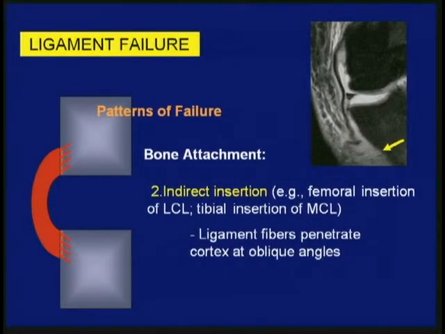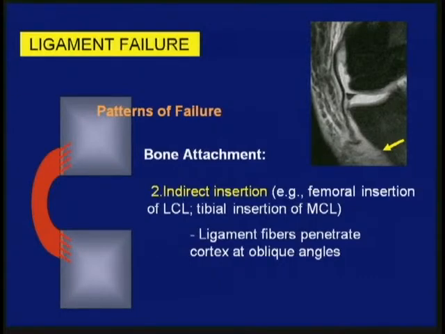Elsewhere, there are indirect insertions of ligaments where they penetrate the cortex at oblique angles. And in these cases, and I show you here a tibial collateral ligament avulsive injury inferiorly, there will be very little marrow edema to help you out. So I think that explains some variability in the marrow edema when dealing with avulsive or tensile injury.